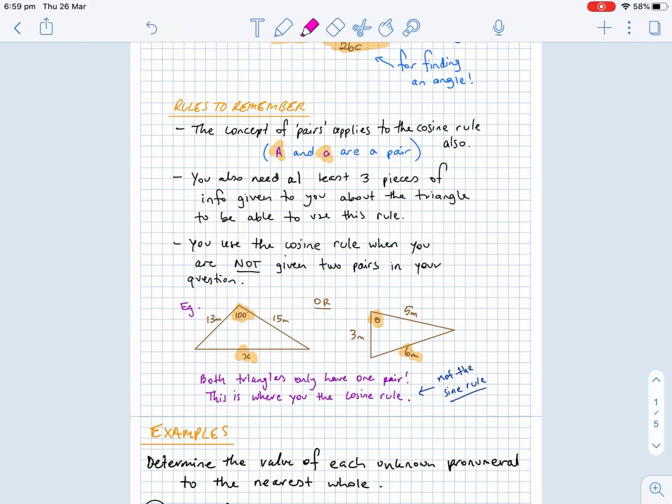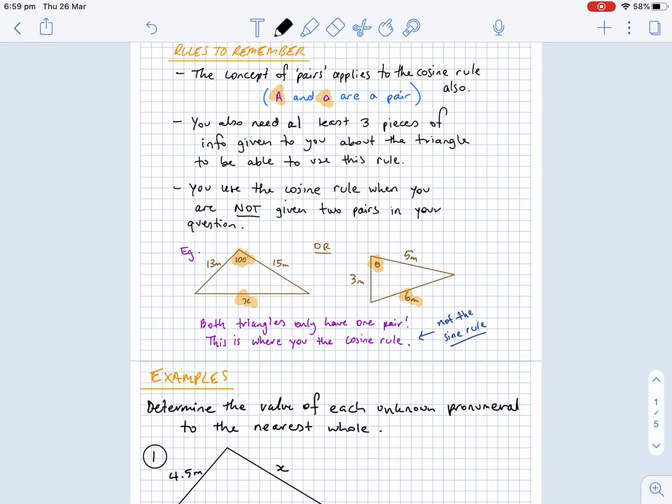Okay, so a few rules to remember. The concept of pairs still applies to the cosine rule. So the idea of capital A and little a being a pair is very relevant. And remember, capital A is your angle, little a is your side.